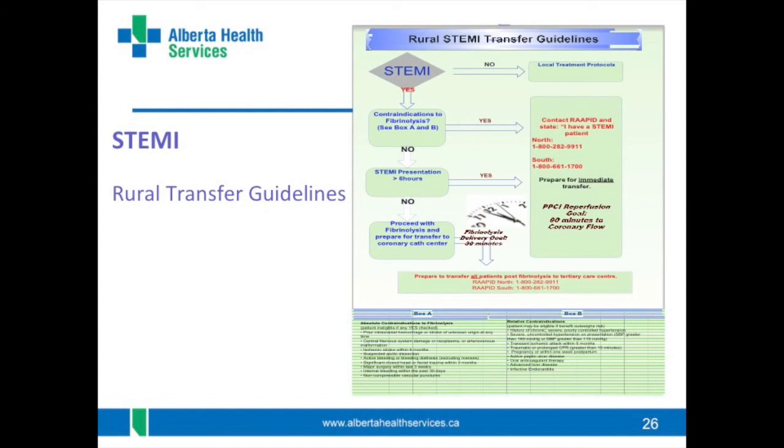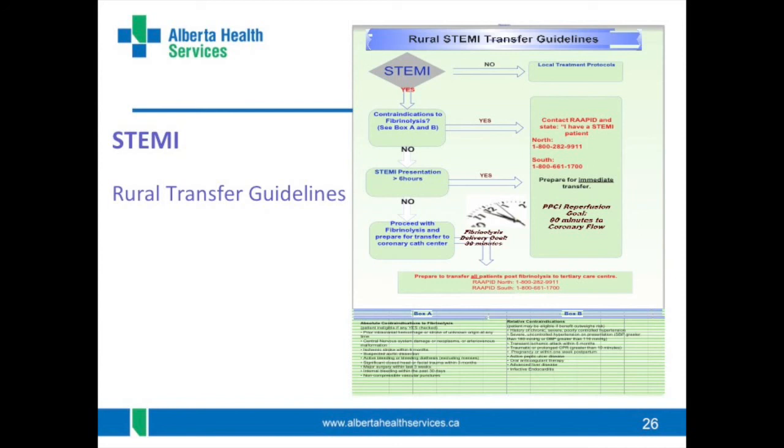And so in the rural setting, if it's a STEMI, you obviously right away go through the contraindications to fibrinolysis. If there's a contraindication, you need to call through RAPID and speak with the cardiologist, interventional cardiologist on call to decide what to do. If there's no absolute contraindications, then we state that if the STEMI presentation is greater than 6 hours, then we know in that scenario fibrinolysis is not as effective, again, in a patient who's having more than 6 hours of symptoms.